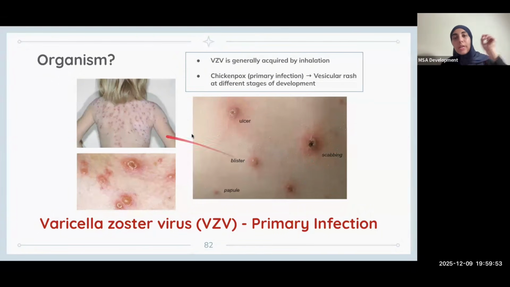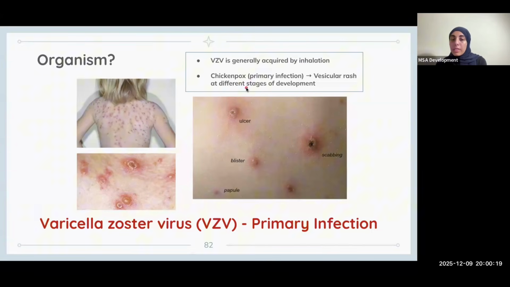Okay, so it's very classic that in chickenpox you see the vesicular rash at different stages of development. If you see this description, this is very characteristic of chickenpox. And again, this is varicella zoster. Varicella zoster virus is acquired by inhalation. So it's through droplets. It's not like simplex, which was by contact. The varicella zoster is due to inhalation of the viral particles.